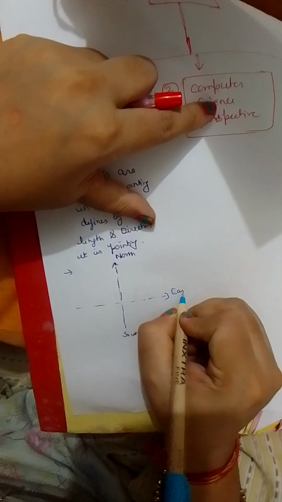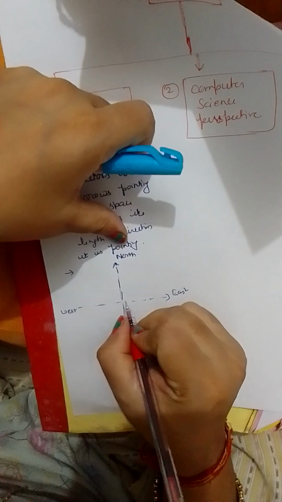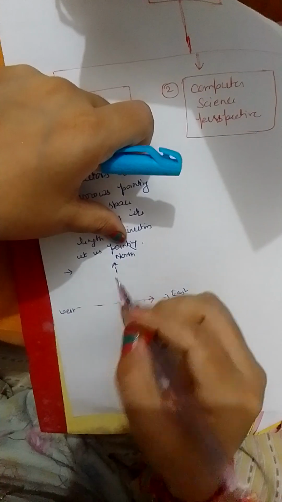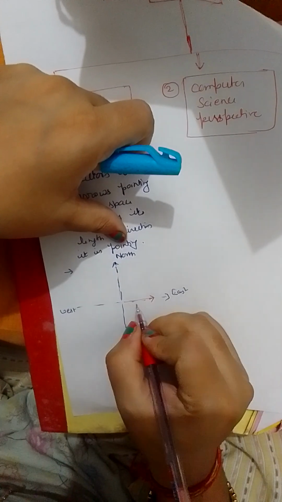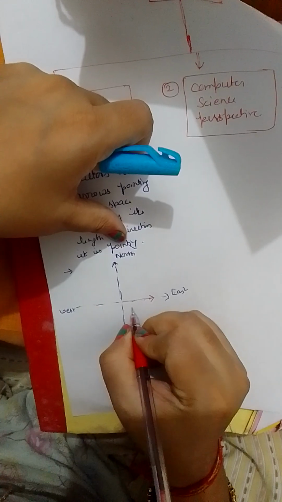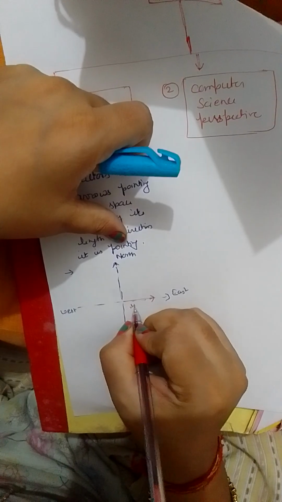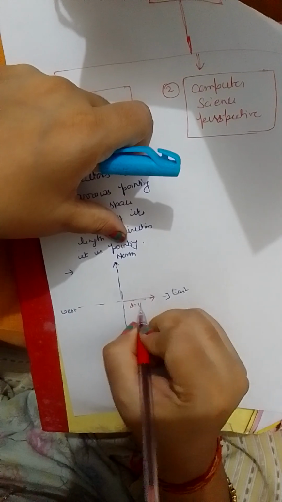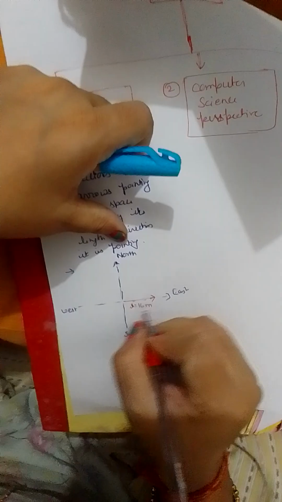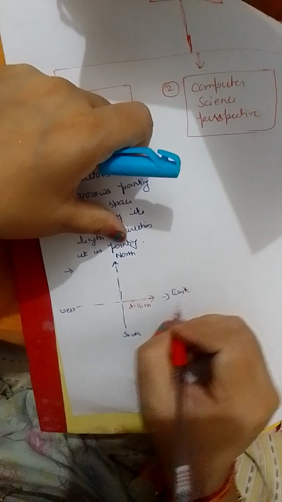Here it is east, and here it is west. So this arrow is pointing towards east. And what is the length of this arrow? Let's say the length is 16 meter. And in which direction is it heading? It is heading in the east direction.